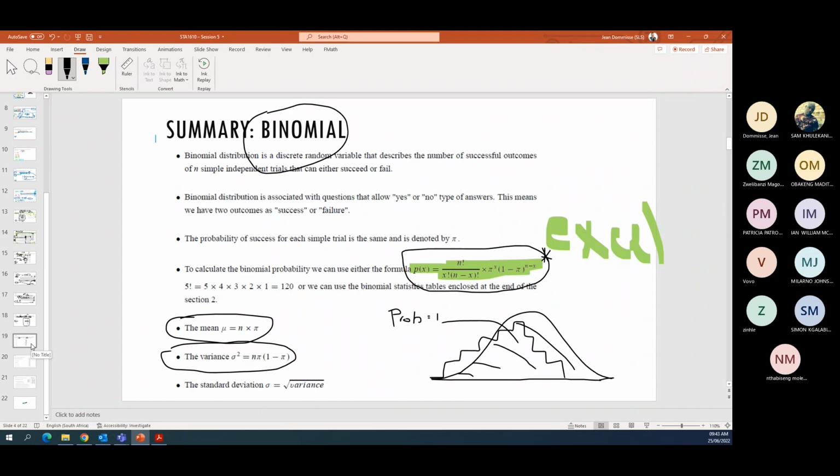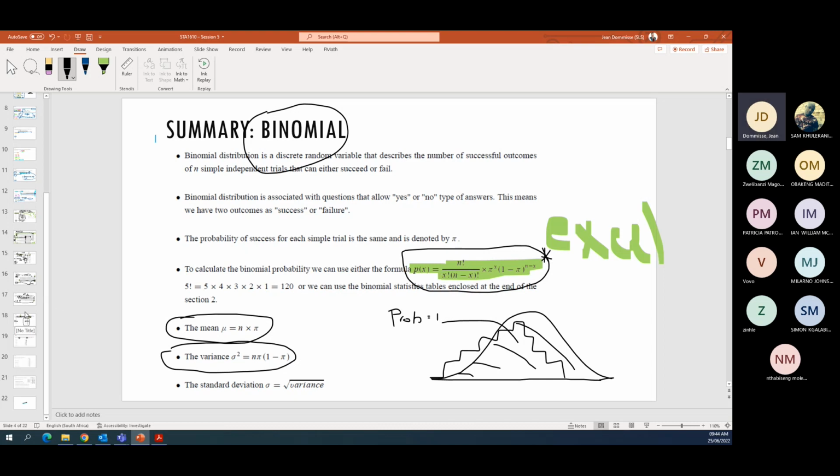The formulas that you will need to use are when we start calculating a Z value and those kinds of things, or a confidence interval. It is definitely not to use this binomial formula and to know it off by heart.